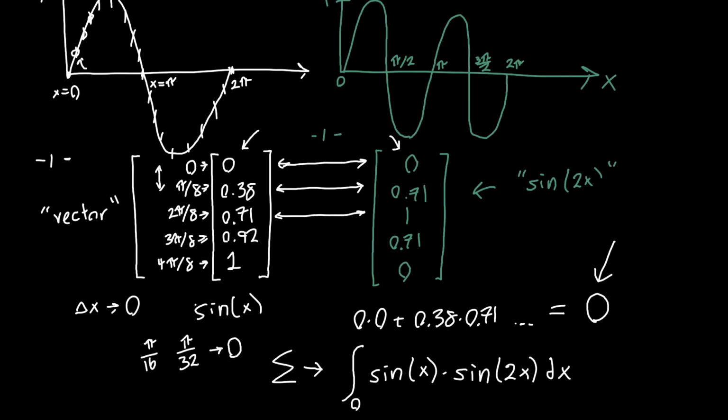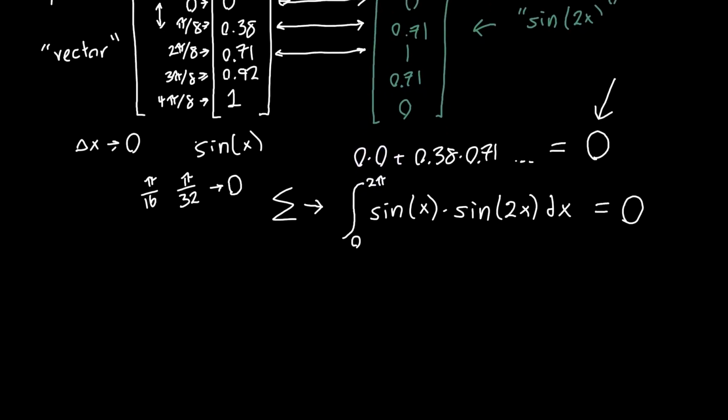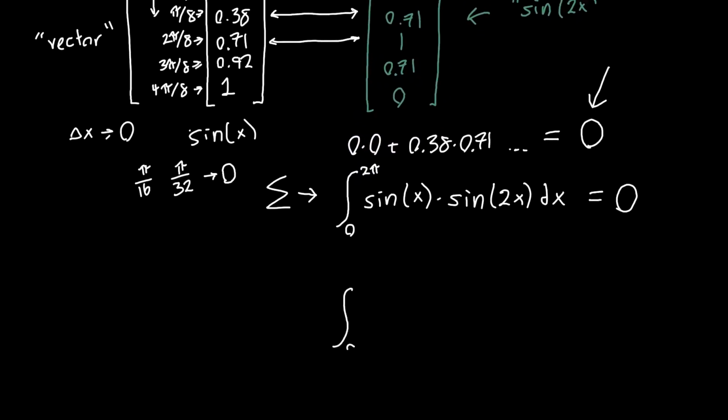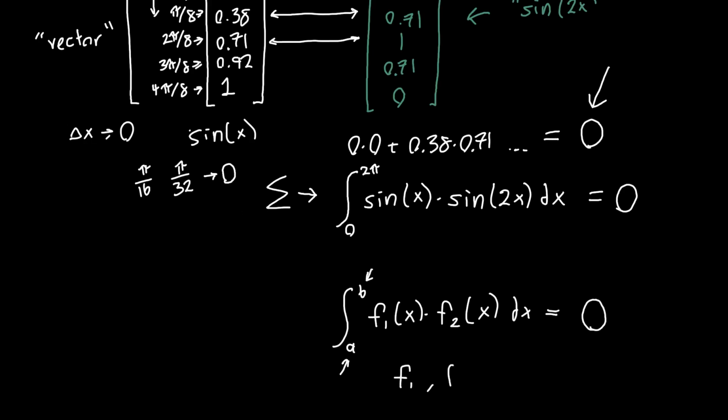And in our case, it was from 0 to 2 pi, for example, but you might imagine going from any value to any other value. And if this integral is equal to 0, then these two functions are said to be orthogonal. So if we've got any two functions in any region, let's call them f1 of x and f2 of x, and some region from a to b, if their integral over that region is equal to 0, then f1 and f2 are orthogonal.